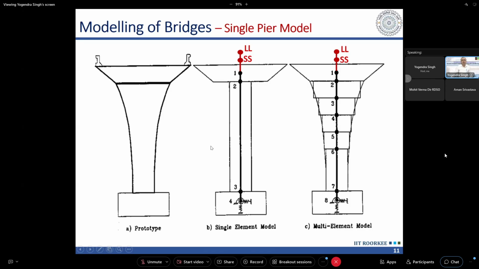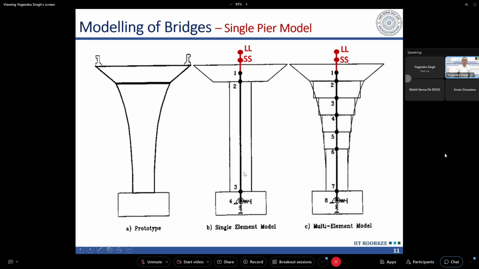we have to model it by a number of elements along the height, and the sizes of these elements may vary, and the size of each element we can assign as the average size within that height. Now when our pier is tall, even if it may be prismatic, its size is not changing, but if it is tall, then the higher modes in which the pier is also vibrating, those modes we have to consider by dividing the pier into a number of frame elements.